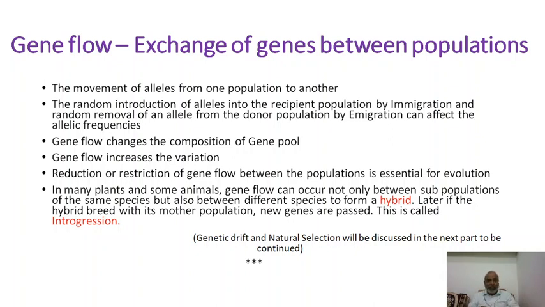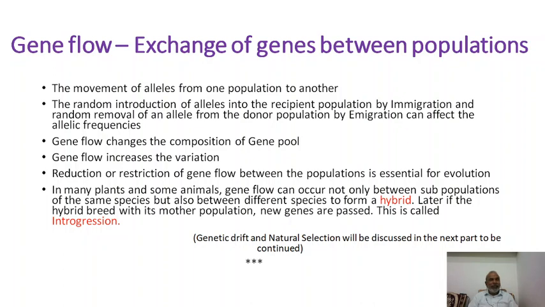The flow of genes, fixation or loss, or preventing the gene flow, because restricting gene flow can also create new changes. So gene flow is a very important force of evolution, and mutation is also a very important force of evolution.